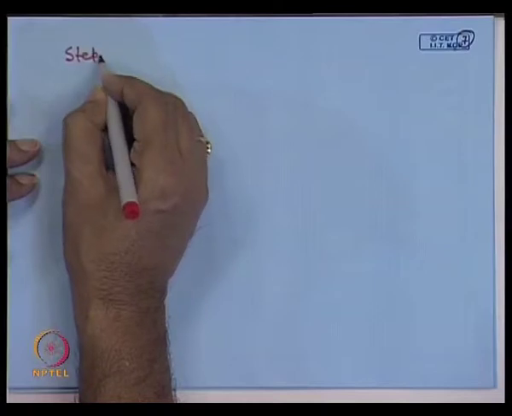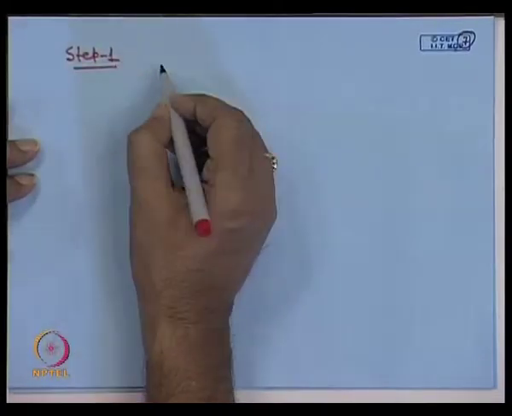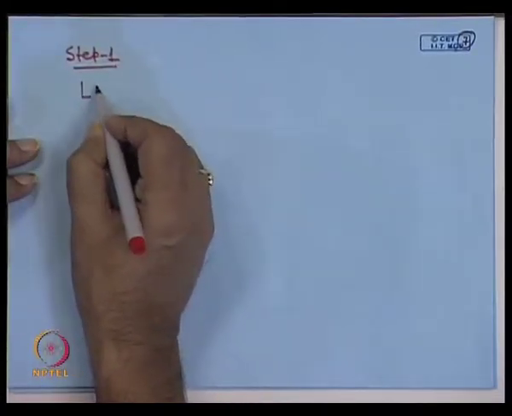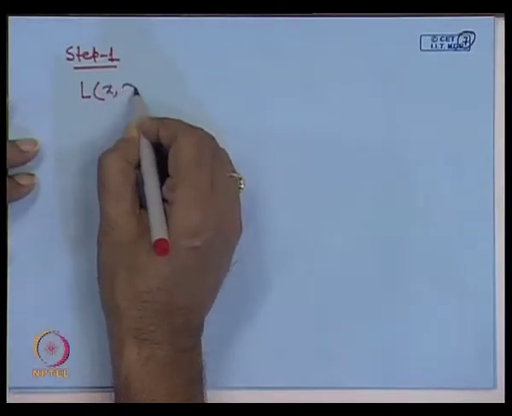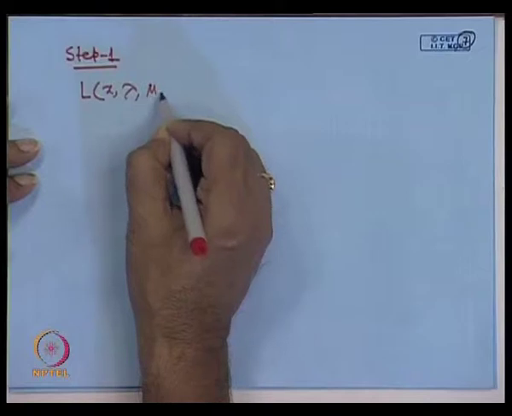We know the Lagrangian function, how to form it. So that is the KKT conditions. What are the KKT? First step, form the Lagrangian function L, a function of x, lambda, mu, that we have already discussed.